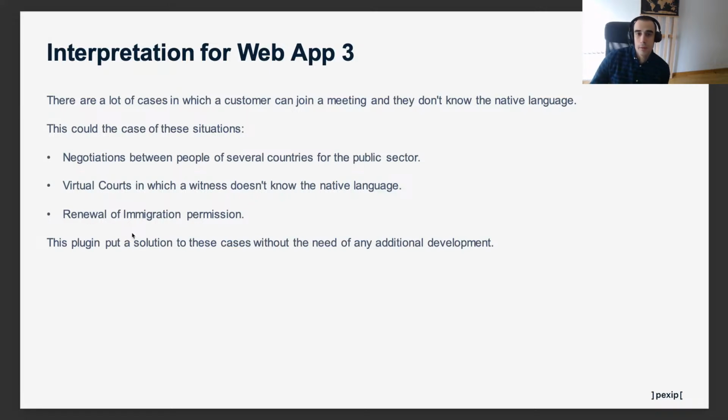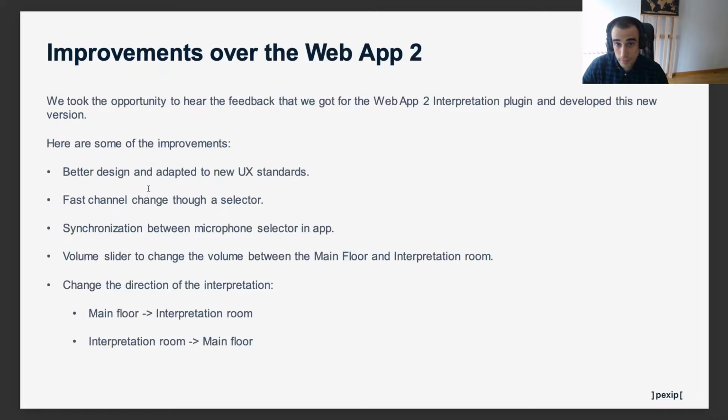And when the politicians are negotiating, sometimes they use their own language. Also in military courts, because there are cases in which the person doesn't know the language of the court. And another one could be, for example, if somebody is requesting an immigration permission, for example, in case of war.